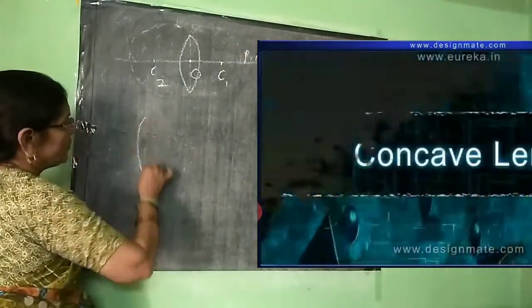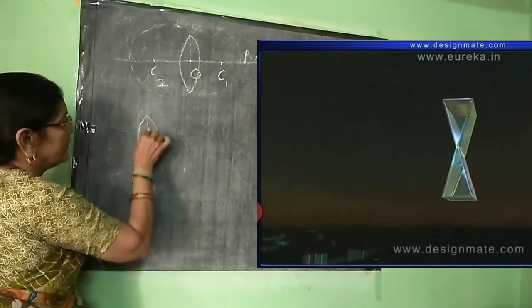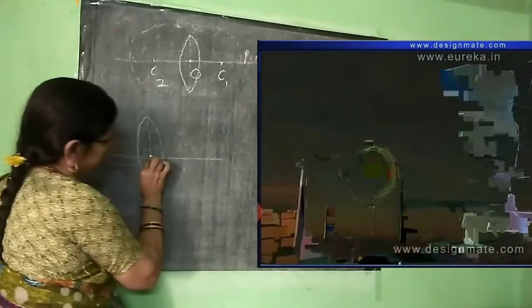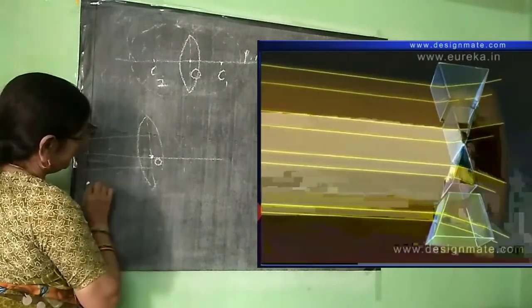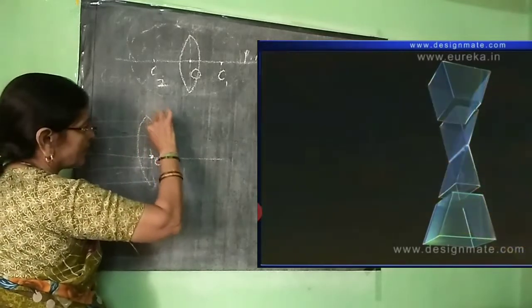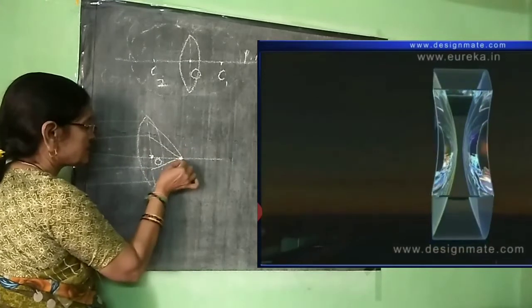Now, when you are drawing the ray diagrams, suppose this is the principal axis, this is O, and all the rays which are coming parallel to this will, after refraction, converge at a point on the other side.